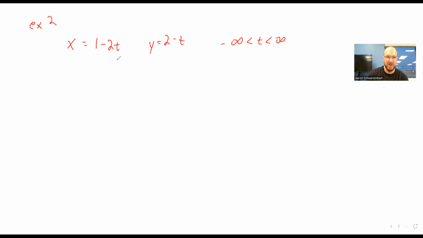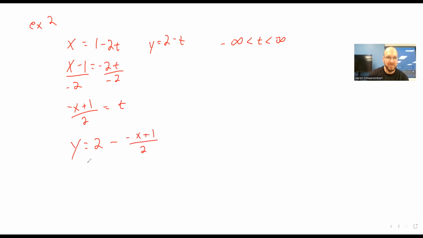I probably want it as a y equals equation, so I'm going to solve the x equals equation for t. Then I'm going to plug that in for y. I'll simplify this.